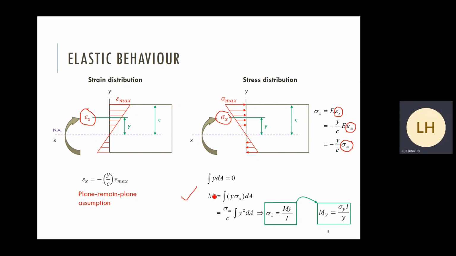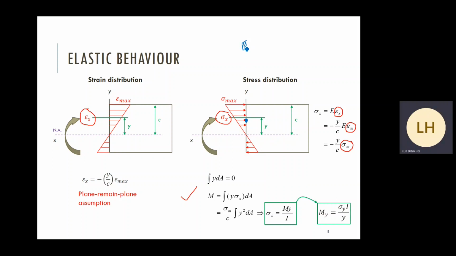What about moment? We want to know the moment resistance. How to find a moment? Well, you can recall our first principle in the past, how we derived the equation to evaluate moment. We consider a small element, right? Say, for example, I consider this small element in the cross section. I isolate this small element out.